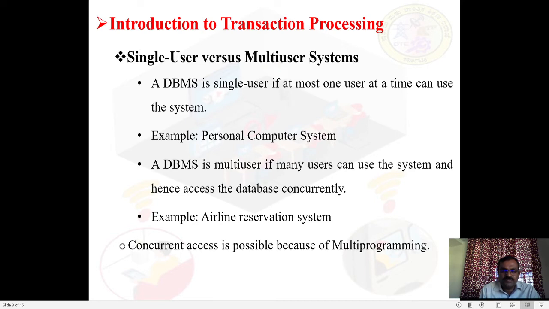For example, airline reservation system, banking, credit card processing, online retail processing or online retail purchasing, stock markets, supermarket checkouts, and many other applications.